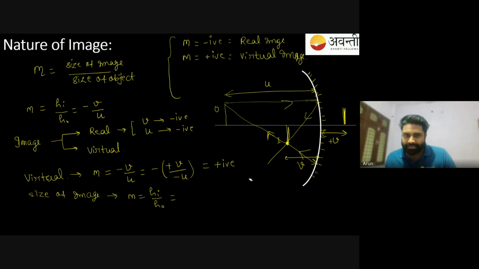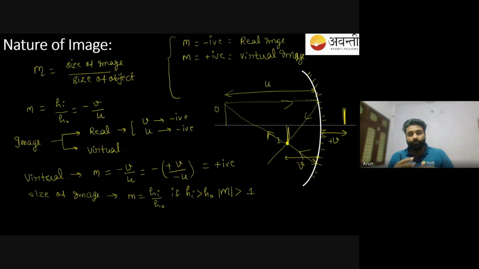In a similar way, if hi is greater than ho, then this m comes out to be greater than 1. And for a more specific value, you will write it as mod of m.